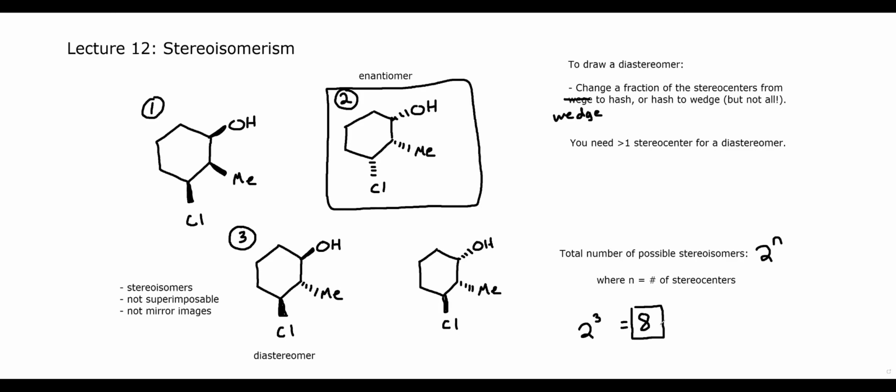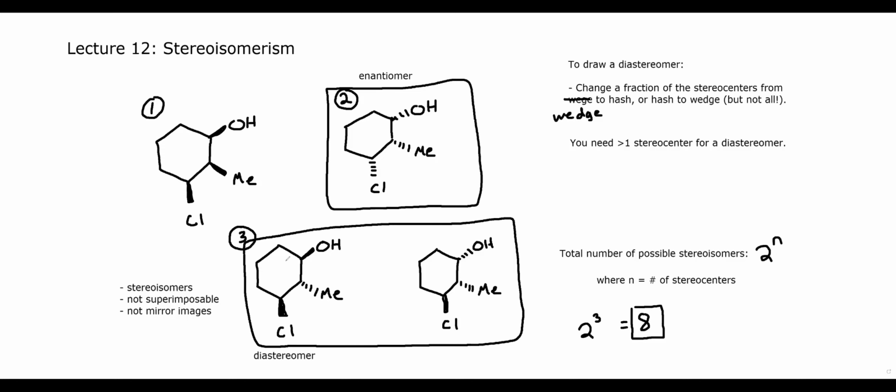We can draw a pair of enantiomers, and then we can draw 6 different diastereomers for a total of 8 stereoisomers. Okay? We drew a couple of them here where we changed a few different groups. And in order to get the others, you would simply change around the other groups. We're looking for all the different possible combinations of wedges and hashes.